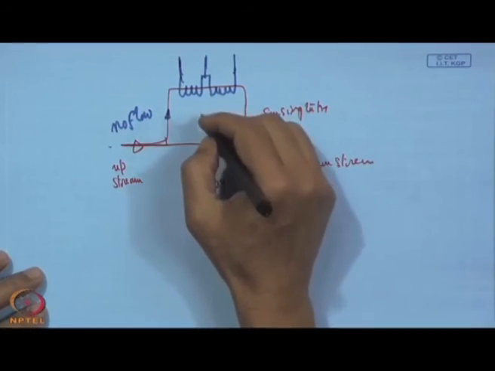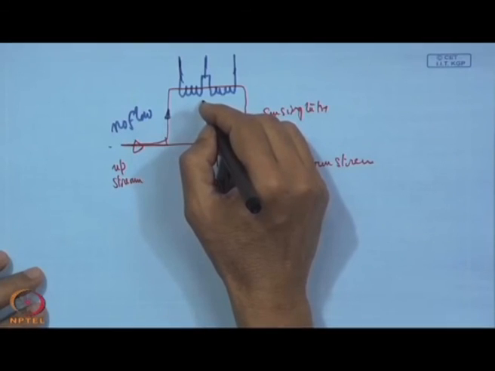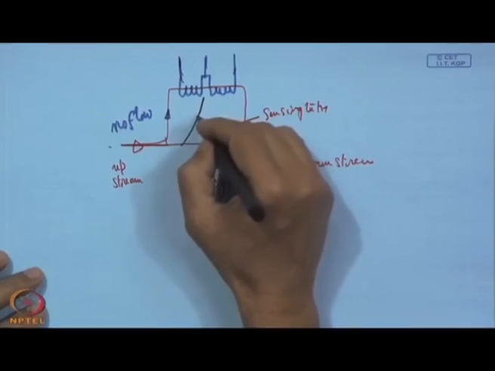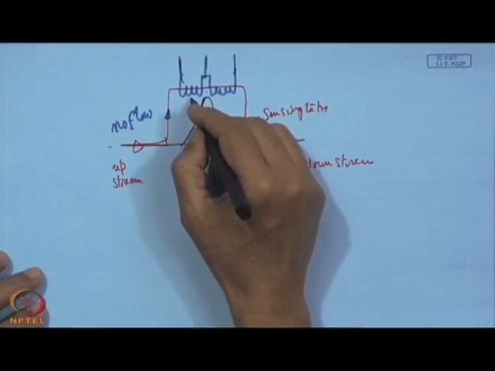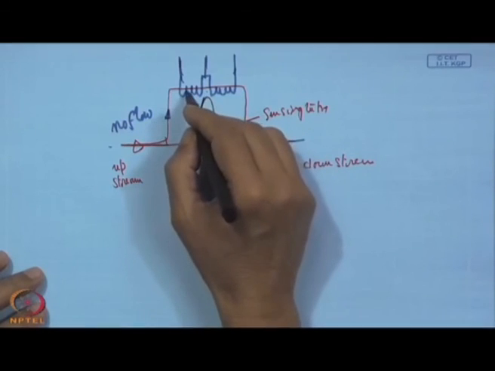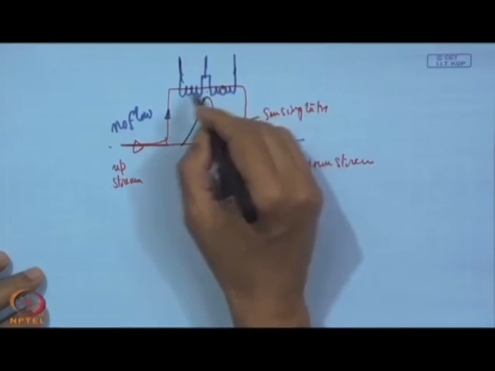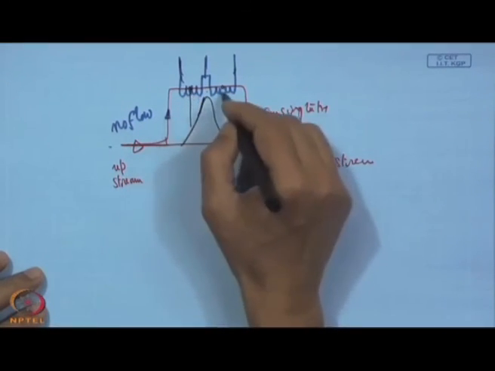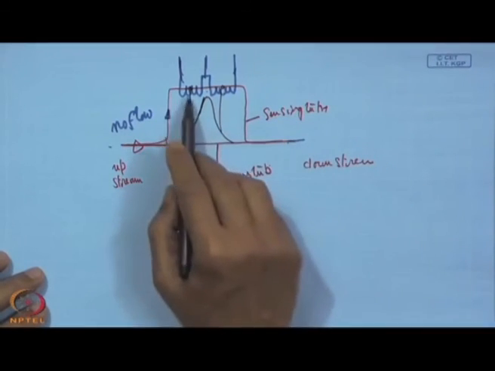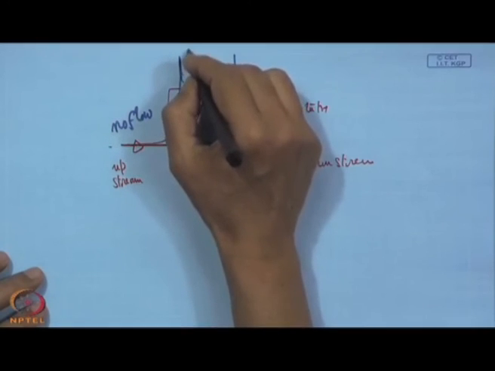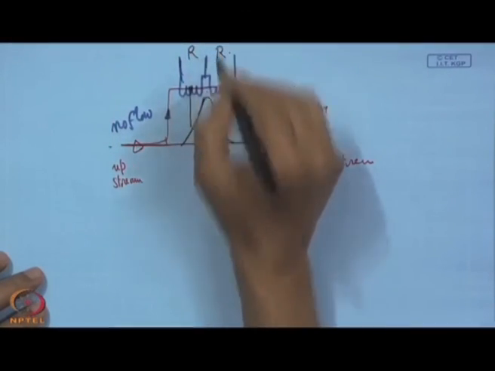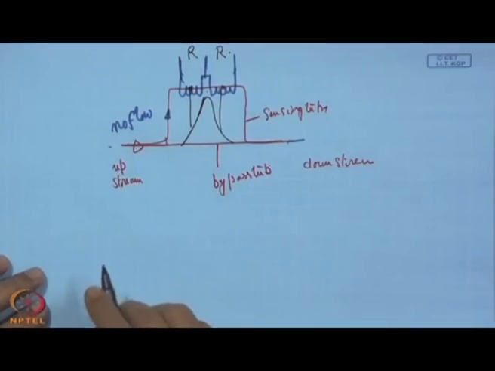When there is no flow, we have a temperature profile which is something of this sort. So, the mean value of the temperature in this zone and in this zone are more or less the same, and these two being the two arms of a Wheatstone bridge, their resistances are R and R when there is no flow.